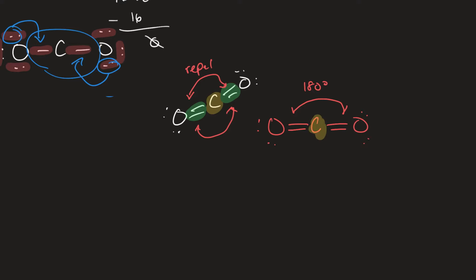Since these electron clouds are 180 degrees apart, the molecular geometry of carbon dioxide is simply linear. I know it's sounding kind of confusing, but we'll get through this.